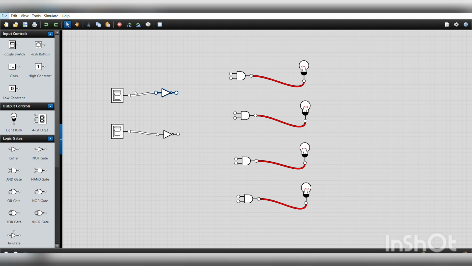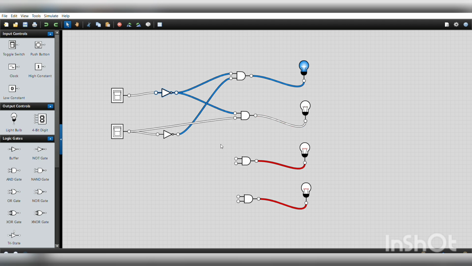Now let us take the inputs as A and B, where your D0 gets the input as your A is 0 and your B is 0. And your D1's inputs are your A is 0 and your B is 1.